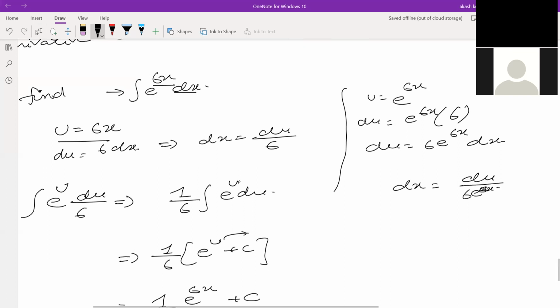When I substitute this, instead of e^(6x) I write u, and instead of dx I write du over 6e^(6x).